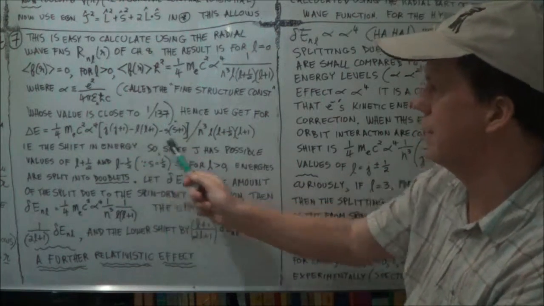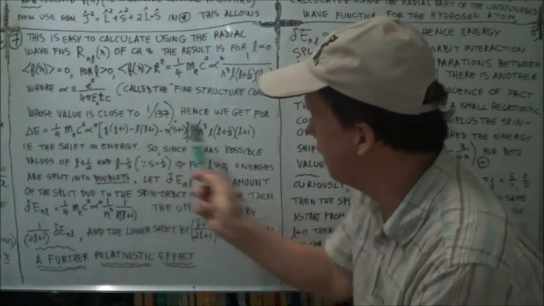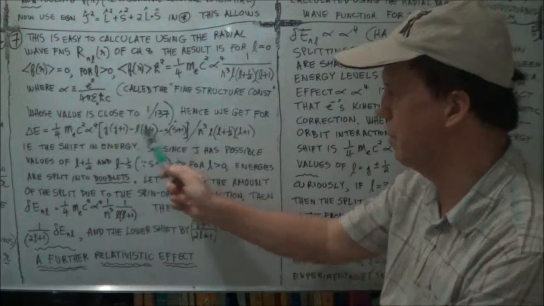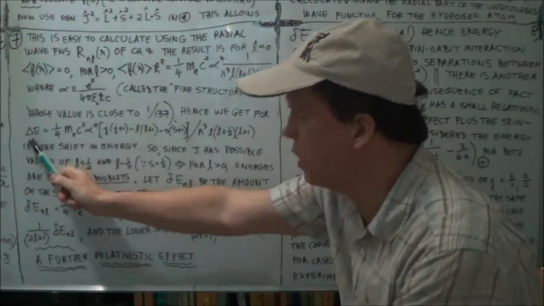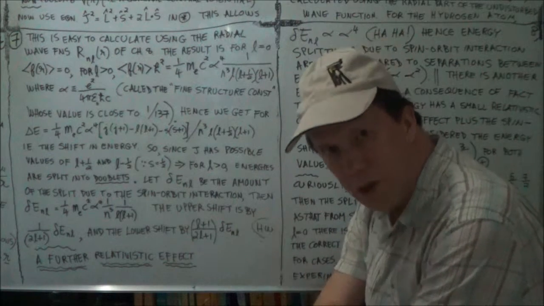So here it is here. This just comes from here, times this. So here's your correction now for the eigenvalues of the energy for the Hamiltonian.